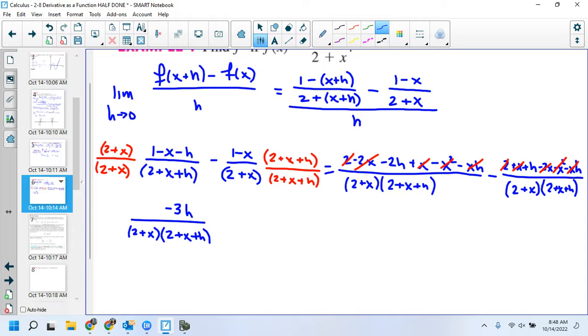Now, this is all still divided by h, right? So I'm going to multiply by 1 over h, which is so convenient because that will cancel now. Which is going to leave us with negative 3 over 2 plus x, 2 plus x plus h.